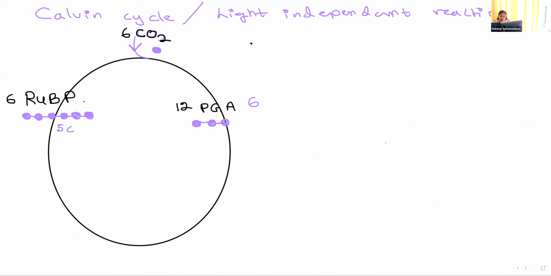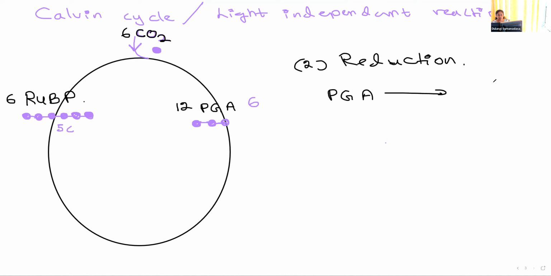Right, so on the second stage, after the carbon fixation, we're going to reduce the product, reduction. So what happens in the reduction is we are going to convert the PGA into something else called G3P.